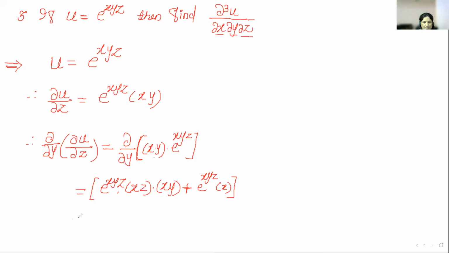Now by simplification, taking e^(xyz) as a common term, in bracket x²yz + x.